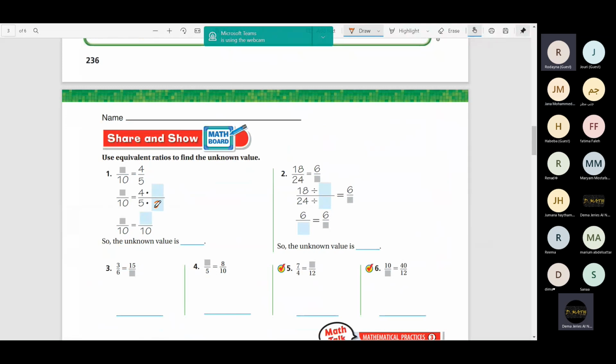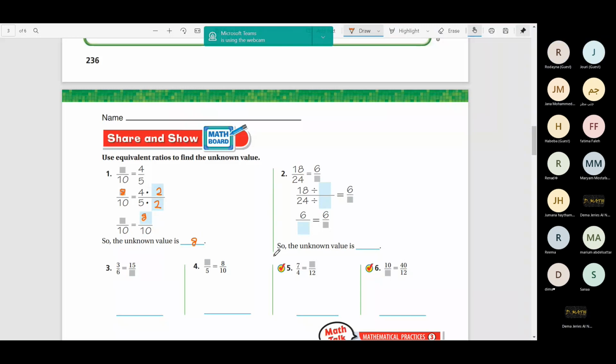Bravo. Since you multiply the denominator by 2, you multiply the numerator by the same number, by 2. And 4 times 2 is 8. So the unknown value here is 8.